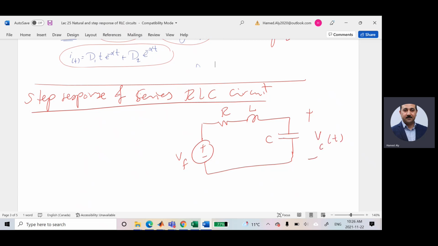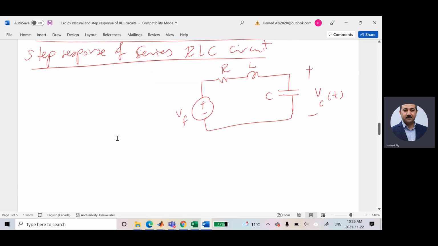So what is needed? Again, I have to calculate alpha and omega. The first step is to find alpha, where alpha equals R over 2L, and omega 0 is equal to 1 over square root of LC.